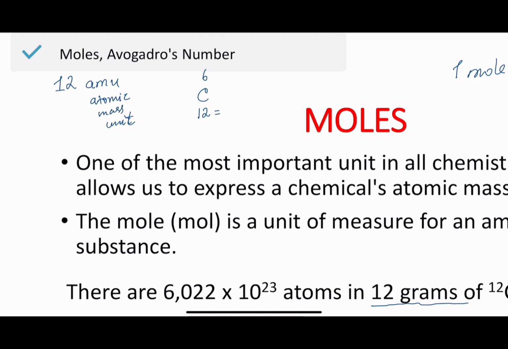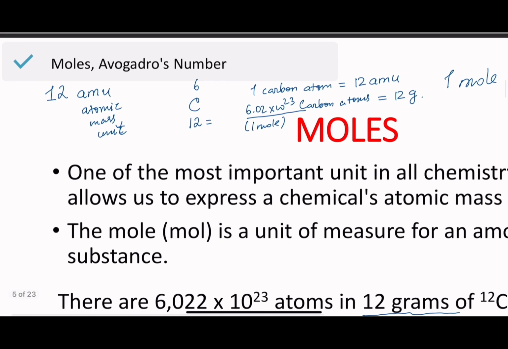So if I have one carbon atom, I have 12 atomic mass units. But if I grab 6.02 times 10 to the power of 23 carbon atoms, now in here I have 12 grams.